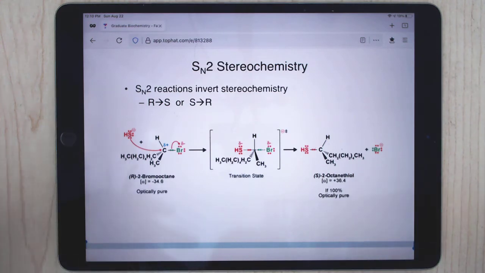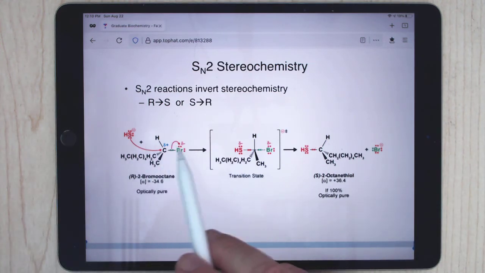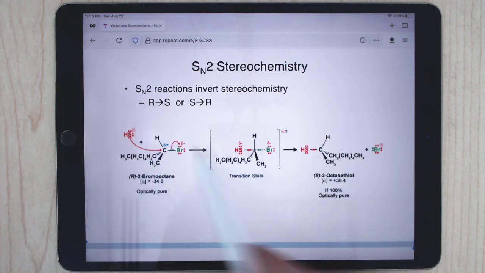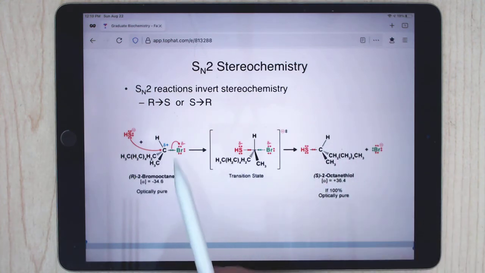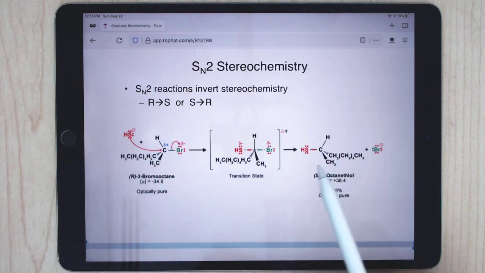Those groups invert, and by pushing them over to the other side, you actually invert the stereochemistry. So if your electrophile was R, your product is going to be in the S configuration, and if you started with the S, it would be the R.